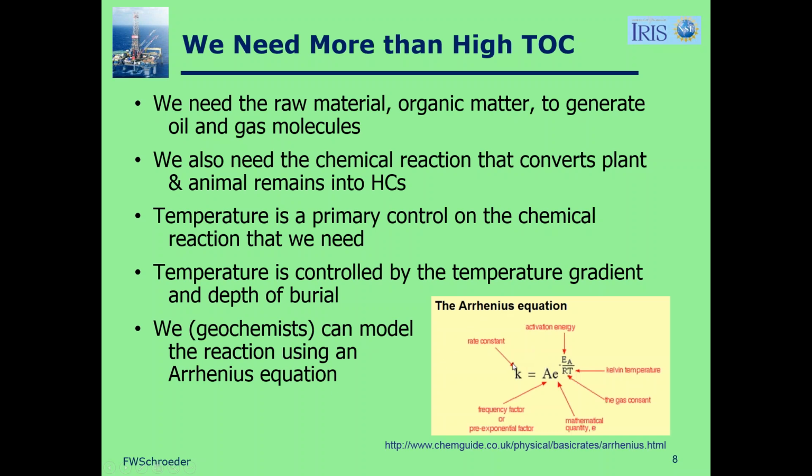And so over the last 40 or 50 years, geochemists have worked on this, and so we now are able to make pretty good predictions. If I know the TOC and the HI and the temperature history of a particular source interval, then I can get a good handle on when generation began and what volume of oil and what volume of gas has been generated.